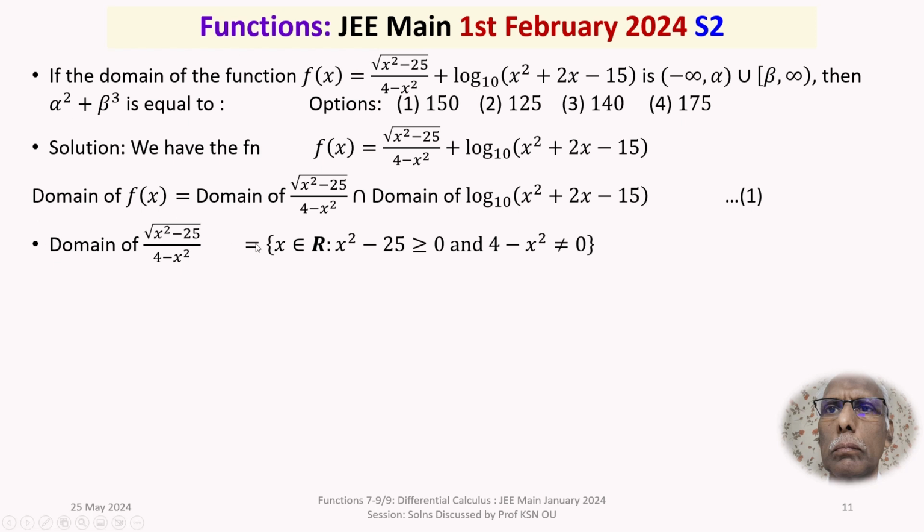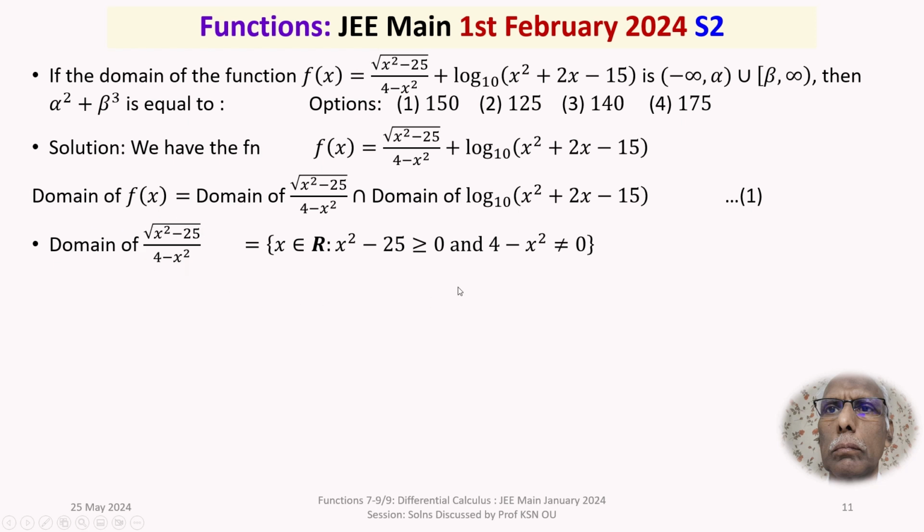Hence this is defined whenever x square minus 25 is greater than or equal to 0, and it is defined whenever 4 minus x square is not equal to 0. If 4 minus x square is equal to 0, the denominator becomes 0 and the function is undefined.